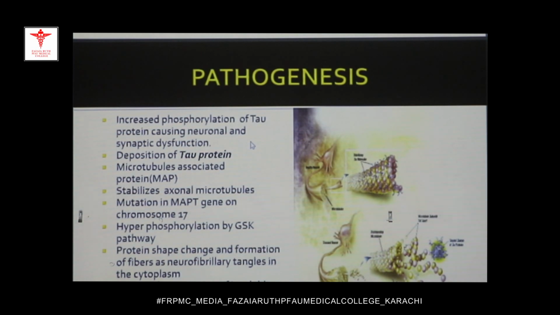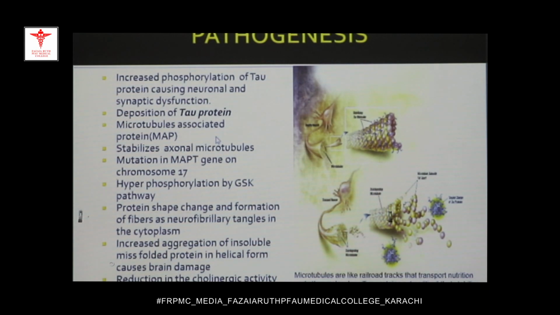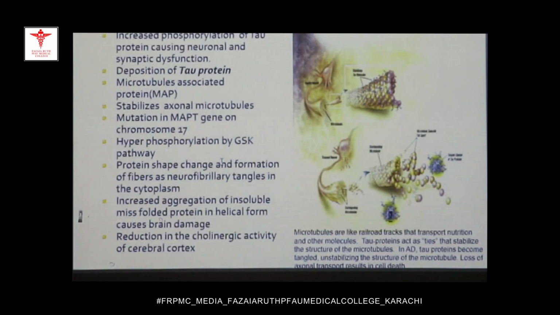Now, tau protein is normally present, and it is associated with microtubules, which actually give stability to the axons. Now, as a result of the mutation, there is abnormal accumulation of hyperphosphorylated tau protein, and they also change their position and result in the occurrence of neurofibrillary tangles in the cytoplasm of the neuron.